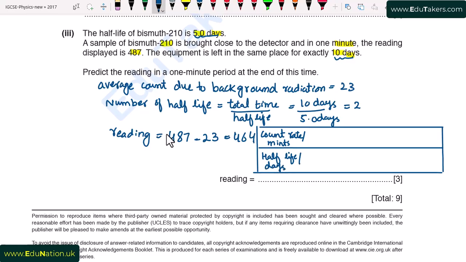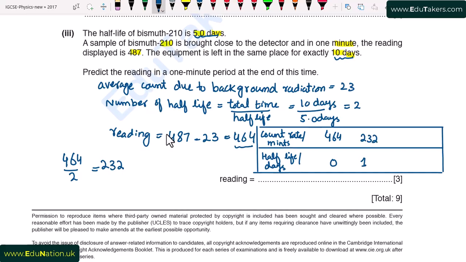So originally there are 464 counts when no half-life has passed. So I write here 0. When the first half-life passes, then half of this count rate remains. It will be 464 divided by 2, which is equal to 232. So when the first half-life passes, count rate will be 232.